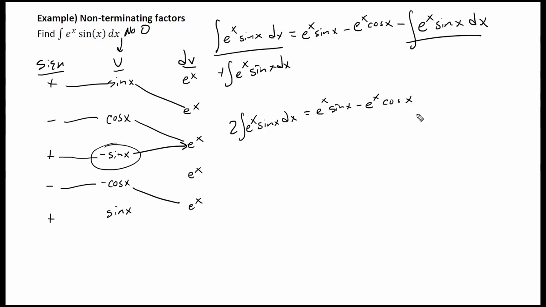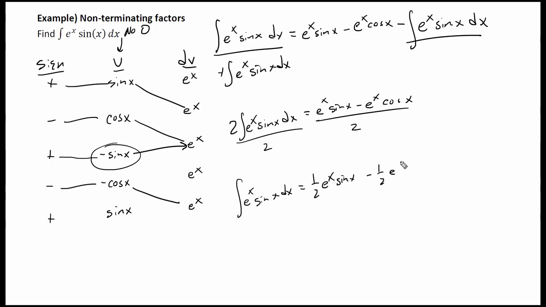That means I can divide this by 2 to solve for it. So the integral of e to the x sine x dx is equal to 1/2 e to the x sine x minus 1/2 e to the x cosine x, plus some value c, because it's an indefinite integral.